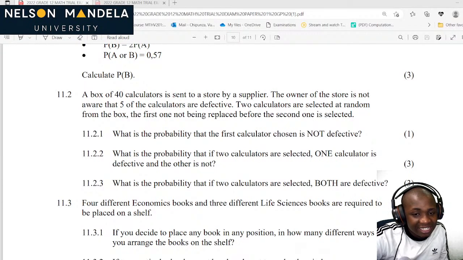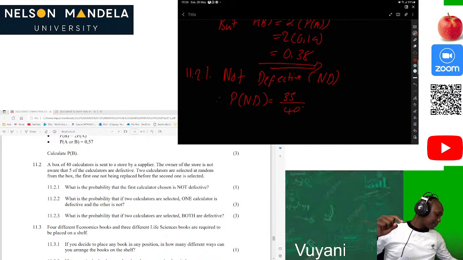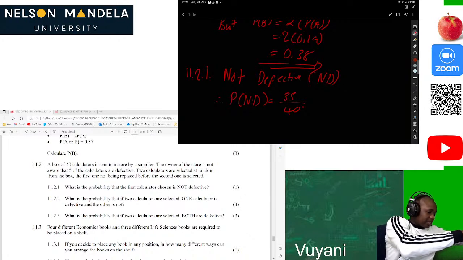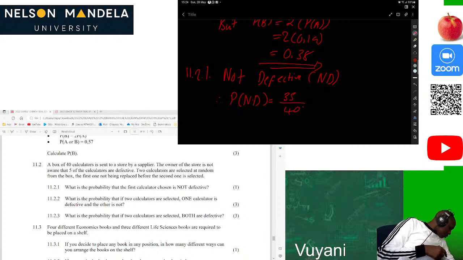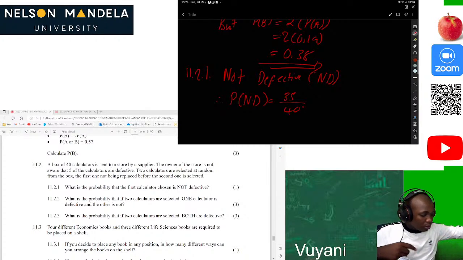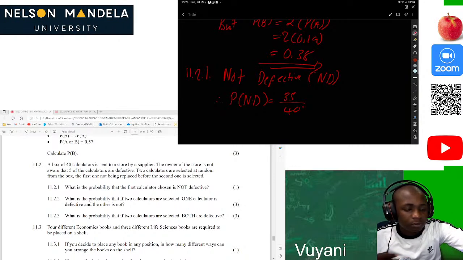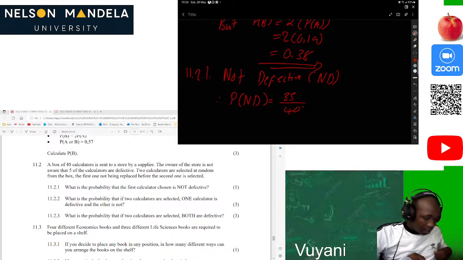This is challenging and tricky, but not really, because we still remember what they told us about. Let's just put this on the calculator. Here we go. Now we can proceed.